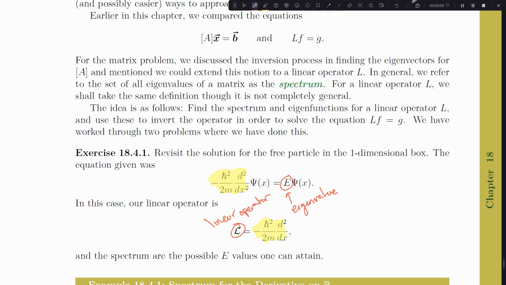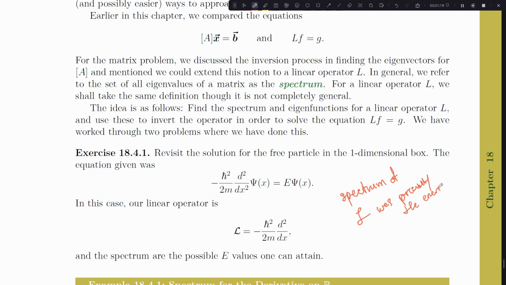So that is an eigenvalue equation, and by finding the spectrum, in this situation, the spectrum of L was precisely the energy levels which the particle can occupy.